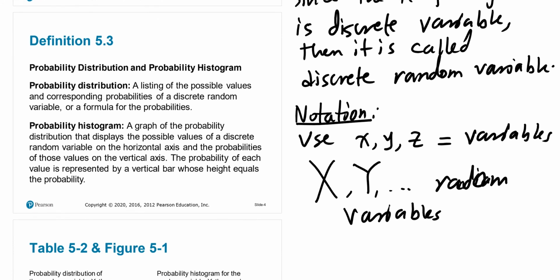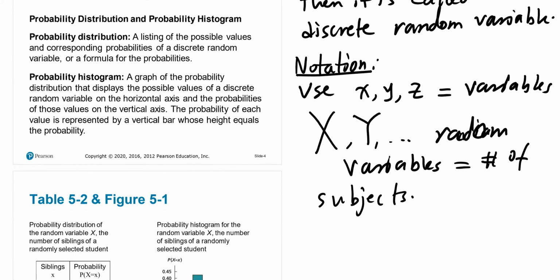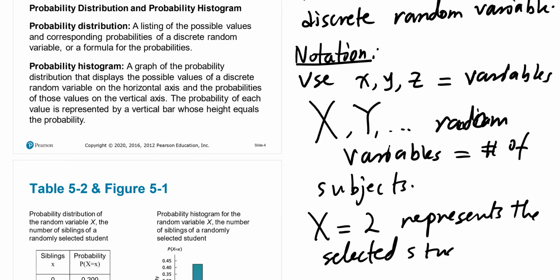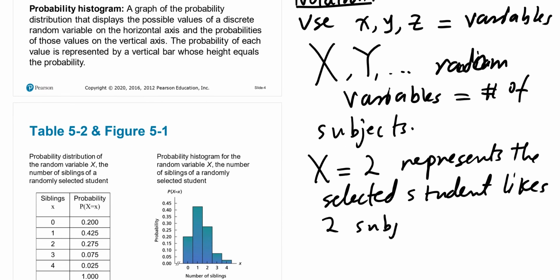And in this case, it's going to be the number of subjects. So for example, when I write capital X equals 2, this number represents the selected student who likes 2 subjects.